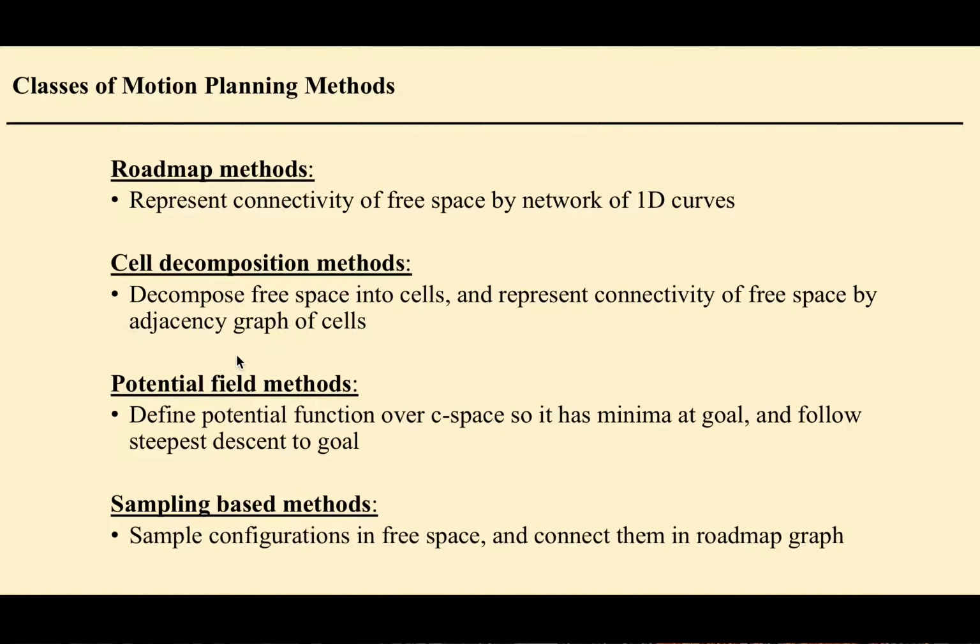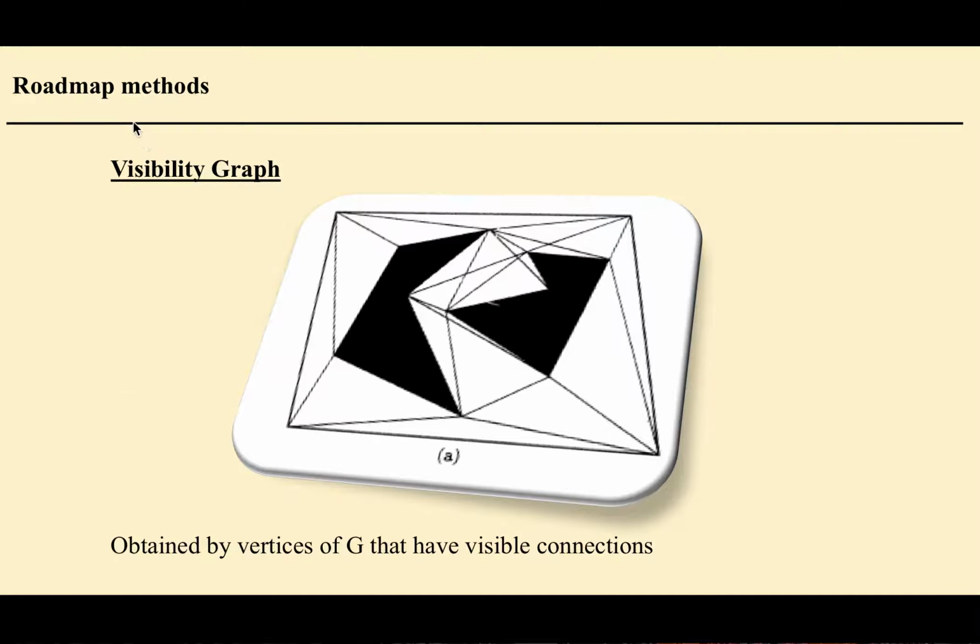The third one is the potential field method. It defines a potential function over C space. We're using physics here. It has a minimum at the goal and follows steepest descent to the goal. The fourth and last method is the sampling-based method, which samples configurations in free space and connects them in a roadmap graph. First, we're going to start with the roadmap method.